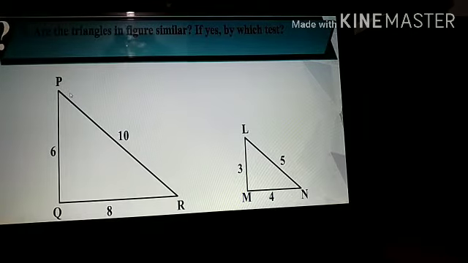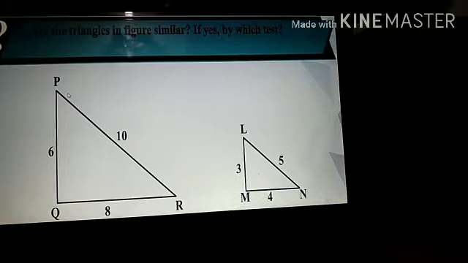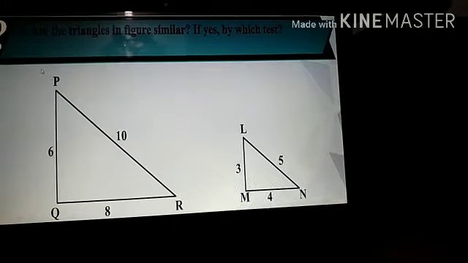So the first thing is, draw the figure on the right hand side of your notebook, that is triangle PQR and triangle LMN. PQ is 6 units, QR is 8, PR is 10, LM is 3 units, MN is 4 units, and LN is 5 units. So please mark this in the figure.